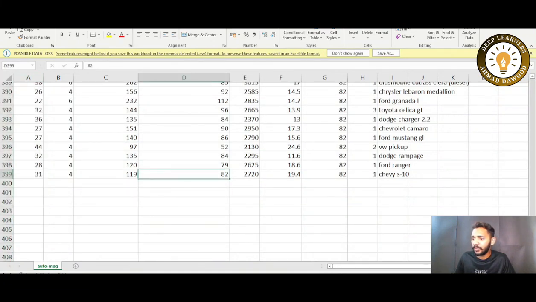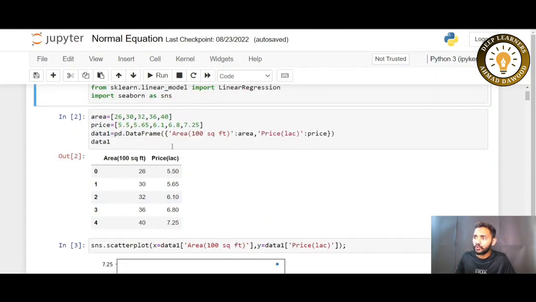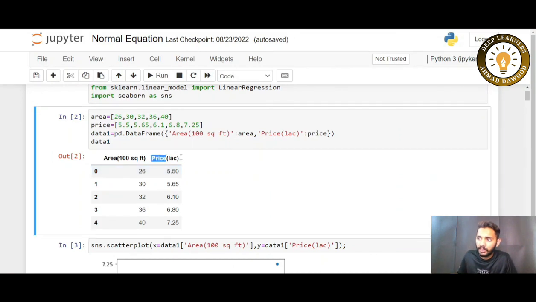Last time, if you can recall, we used a very small dataset just to elaborate what linear regression actually is, because we had to do some calculations, or run our algorithm theoretically. That's why I used a very small data set of 5 points, and just one independent variable, which was area, and one dependent variable, which was price.